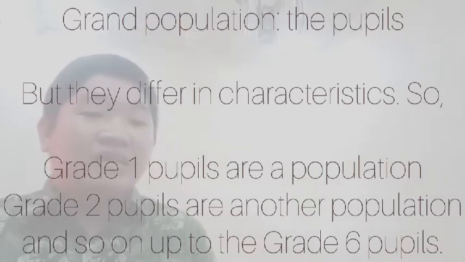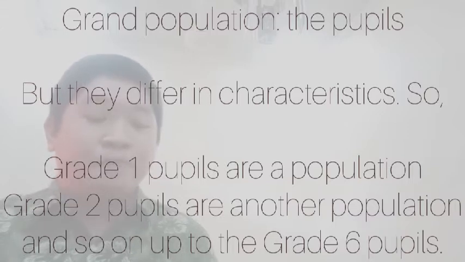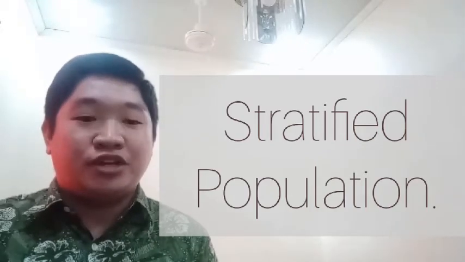Obviously, the characteristics of grade 1 pupils are not the same as those in grade 6. Therefore, the group of grade 1 pupils is considered their distinct population, and the group of grade 6 pupils as another population. We call that case as stratified population.